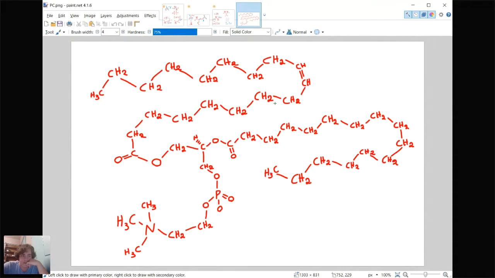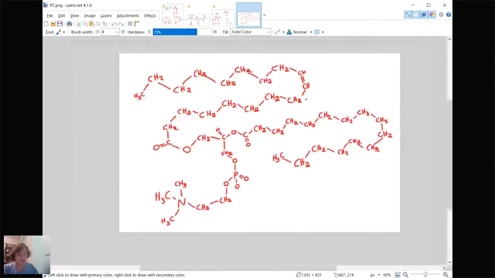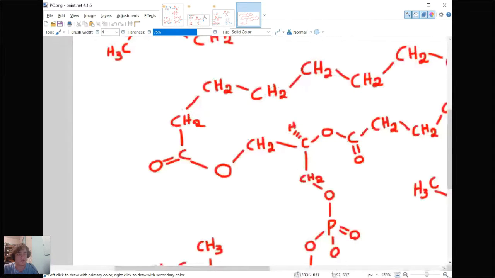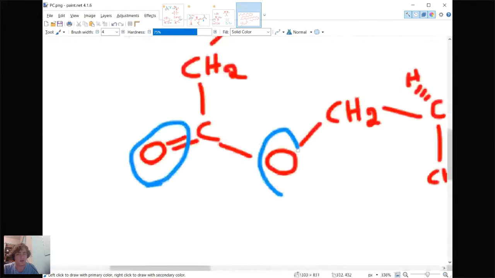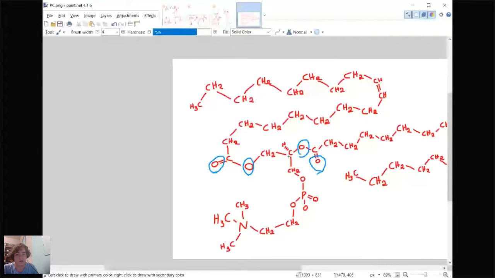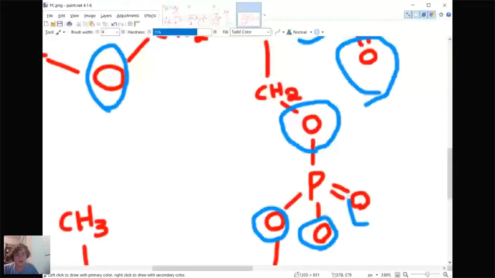So the criteria of hydrogen bonding is that one of the atoms in there is a nitrogen, oxygen, or a fluorine. There's only a few places where it could ever occur. It would be right here, right here, right here, right here, here, here, and here.